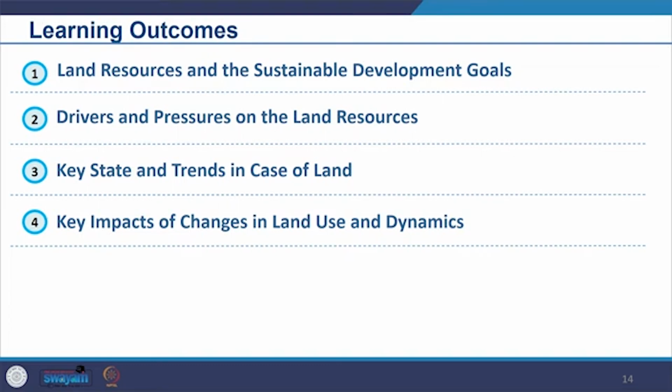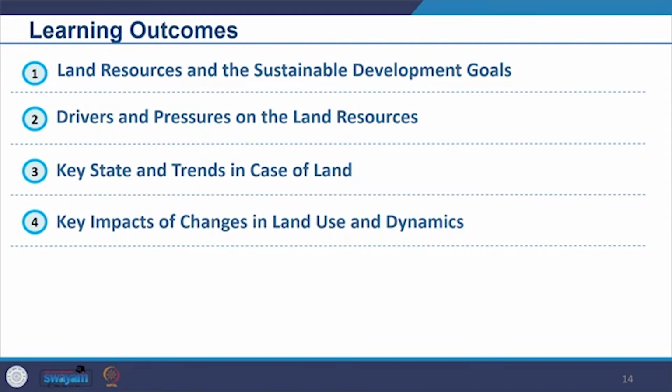Further, you should be able to identify different drivers and pressures which are there on the land, and you may see the complexity involved in how we use land as a resource. Further, you should be able to list or state some of the problems and the trends when we talk in terms of land. And furthermore, you should be able to review and identify the impacts.